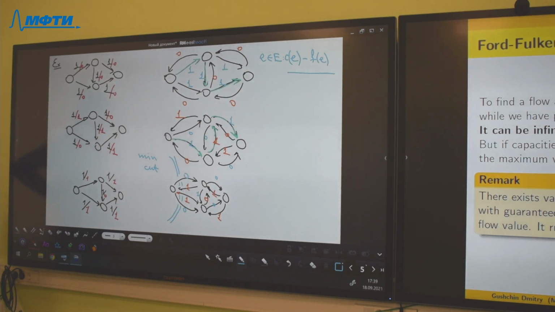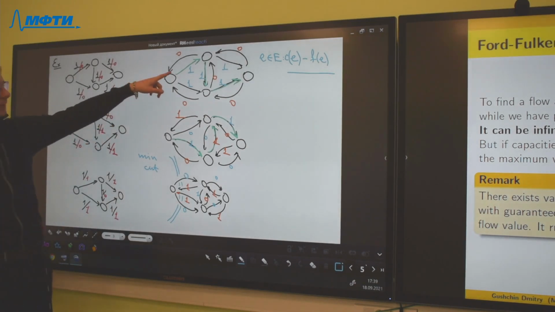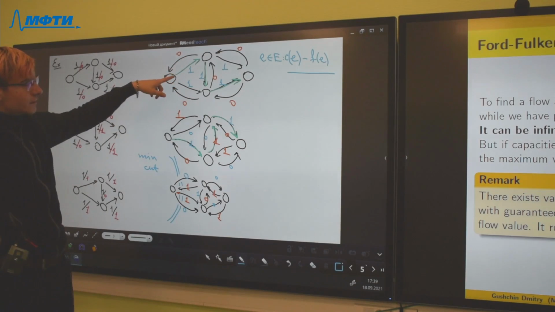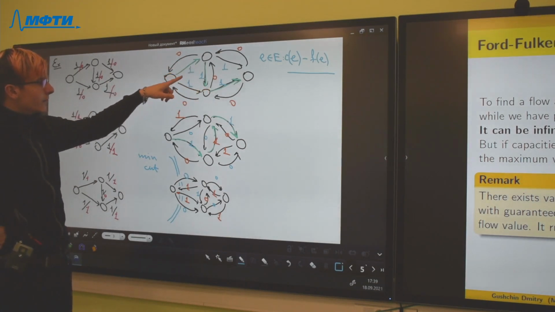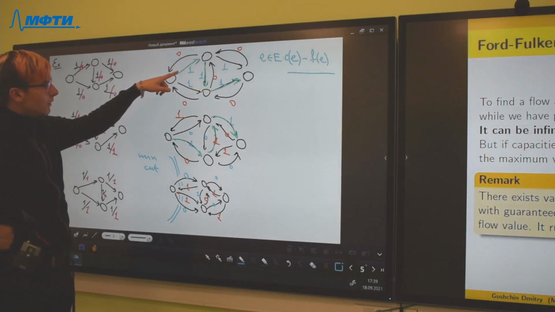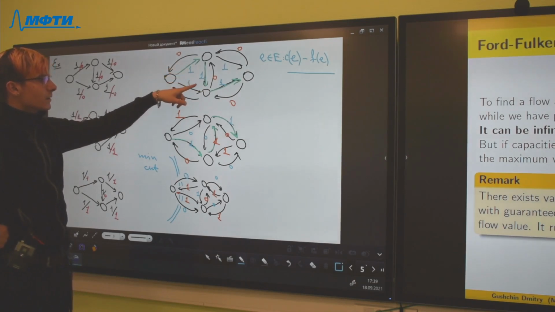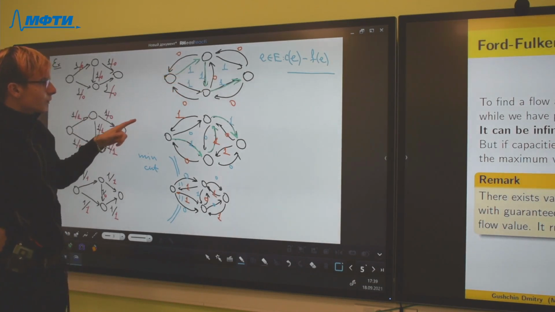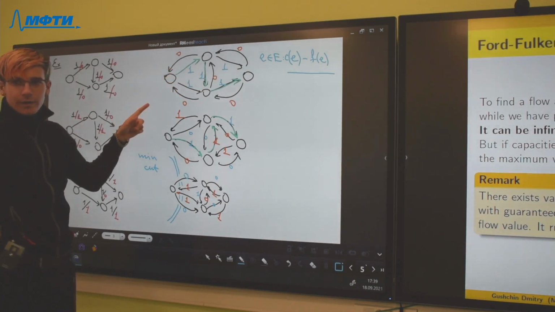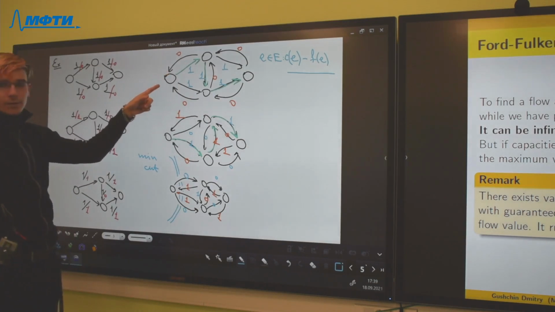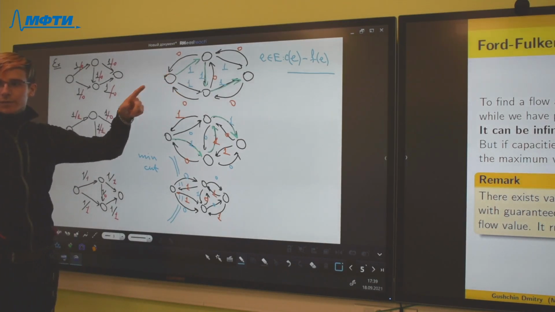Okay. What is an augmenting path? It is the path in the residual network that contains only edges with capacities bigger than 0 that starts in the source and ends in the sink.